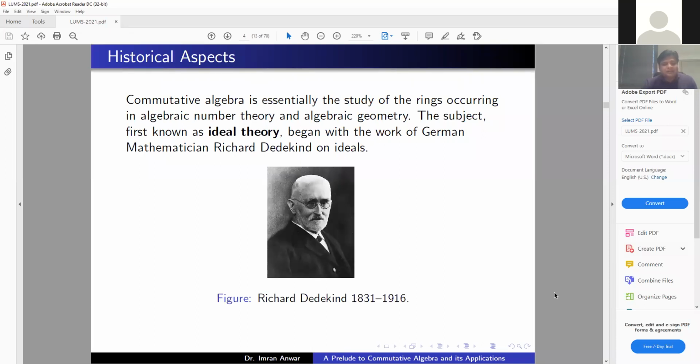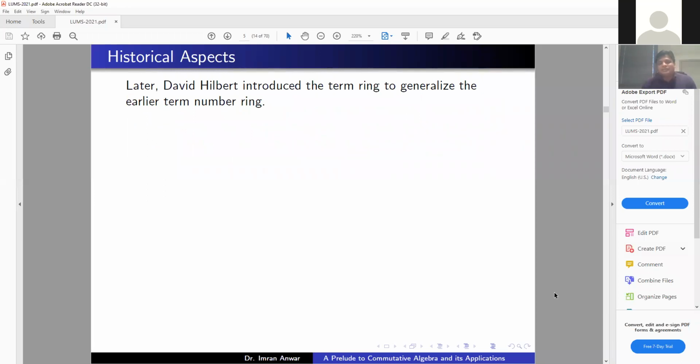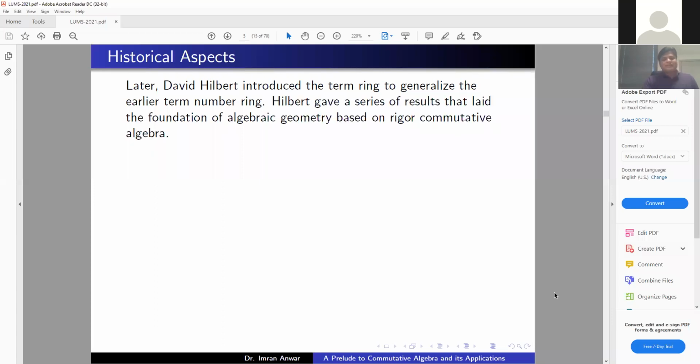Later on, David Hilbert introduced the term ring, which we use today, to generalize the earlier term. Hilbert gave a series of results that laid the foundation of algebraic geometry based on rigorous commutative algebra.